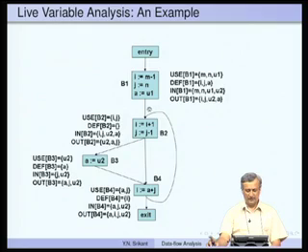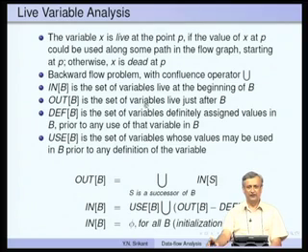Okay. So, this is how we define the liveness of a variable. There must be some usage without redefinition, that is the crux of the matter. This is a backward flow analysis problem, and the confluence operator is union.